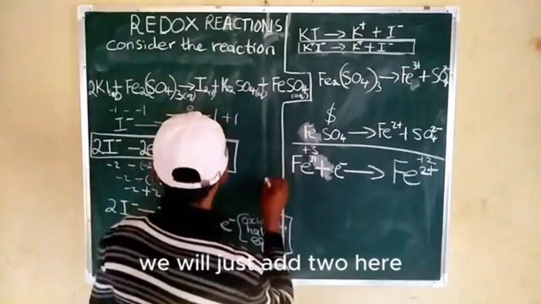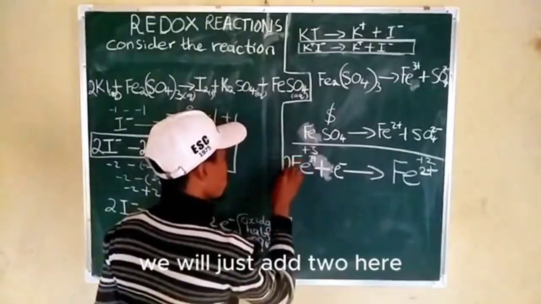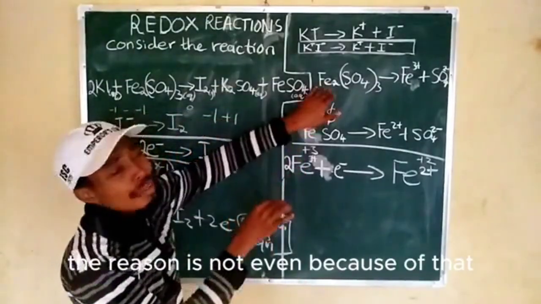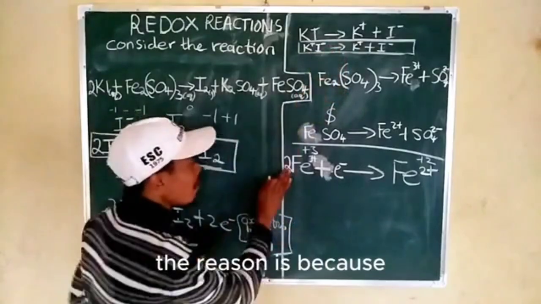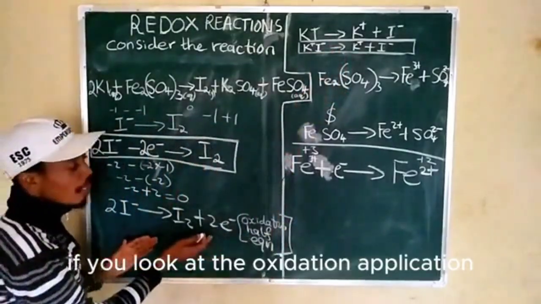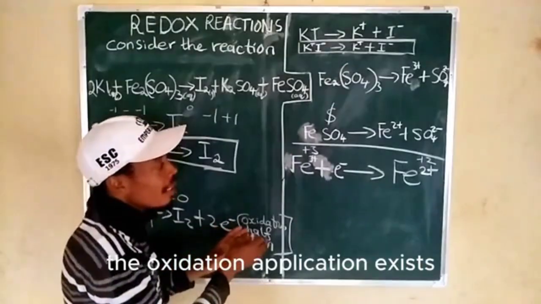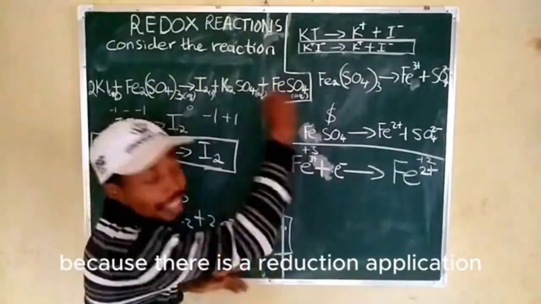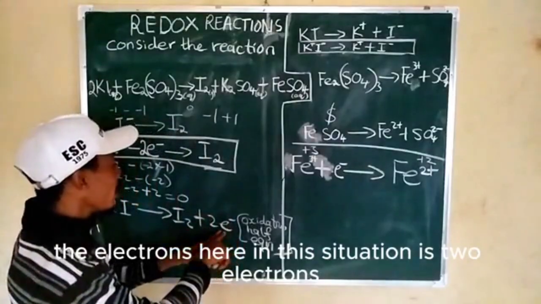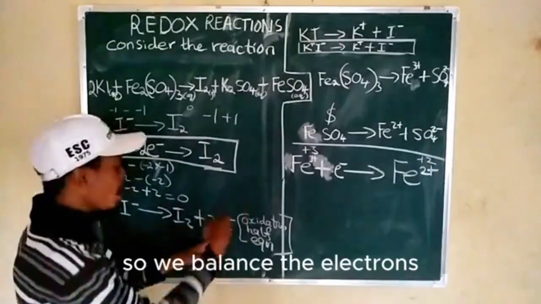We will just add 2 here. The reason is not even because of that. The reason is because if you look at the oxidation equation, the oxidation equation exists because there is a reduction equation. The electrons in the oxidation equation is 2 electrons. So we balance the electrons.